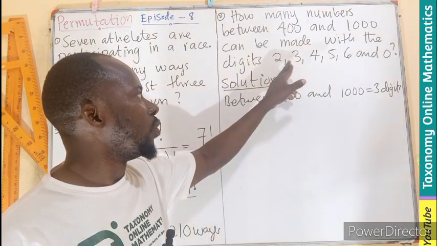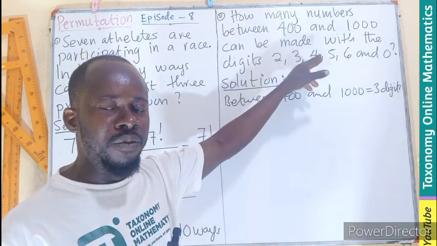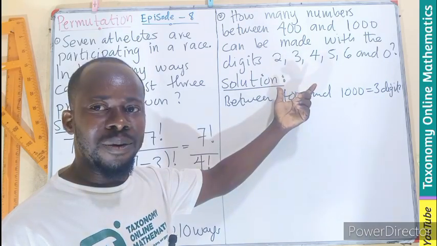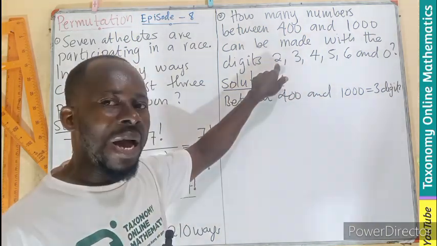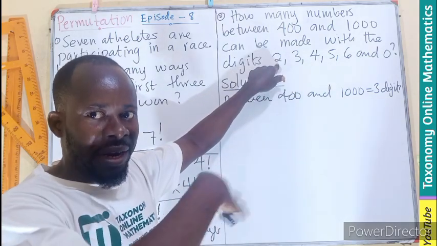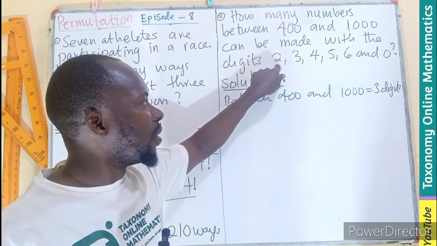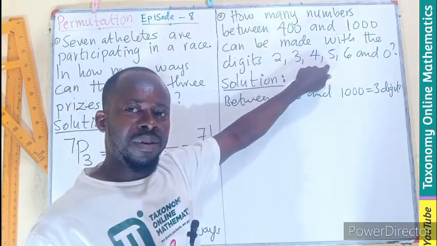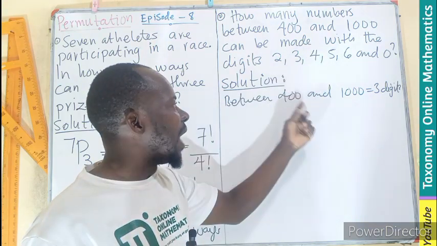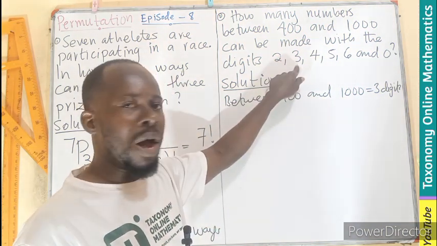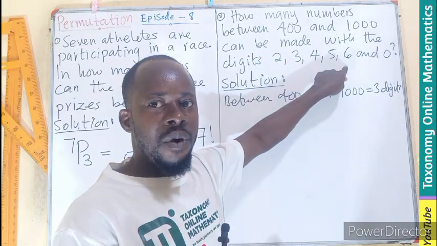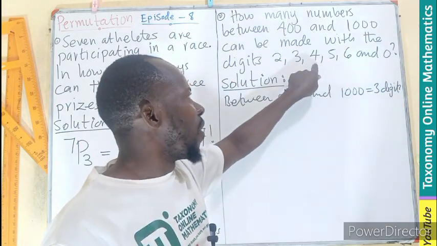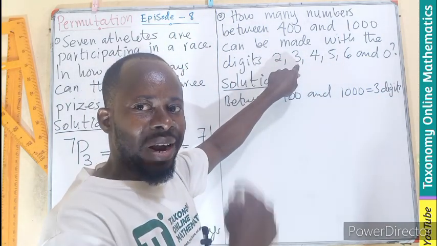So it could be 2, 3, 4. But 2, 3, 4 will be 234, which is not between 400 and 1000. So it means 2 cannot start the 3-digit number I'm looking for. 3, 4, 5 will be 345, less than 400. So 3 can also not start. But 4, 5, 6 is 456, and 4, 2, 3 is 423.